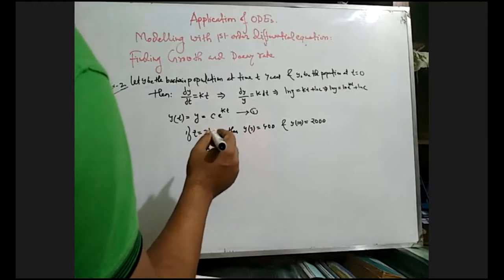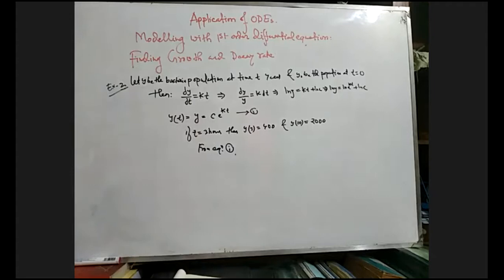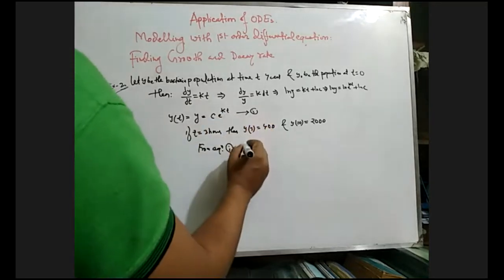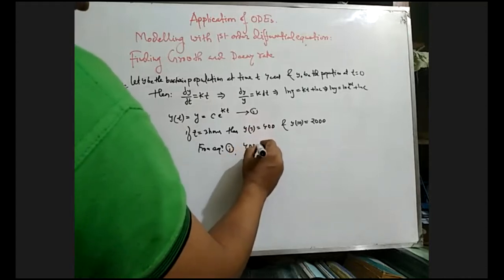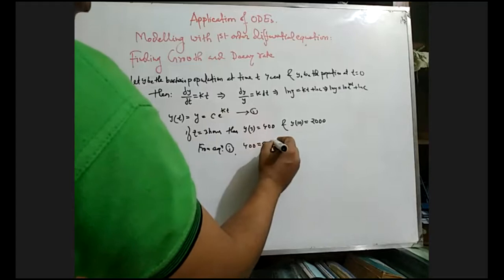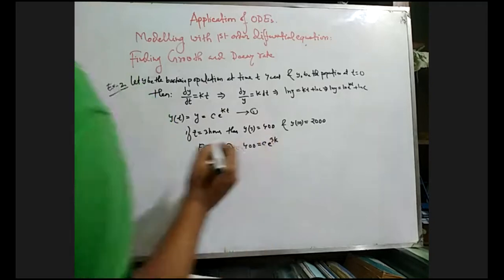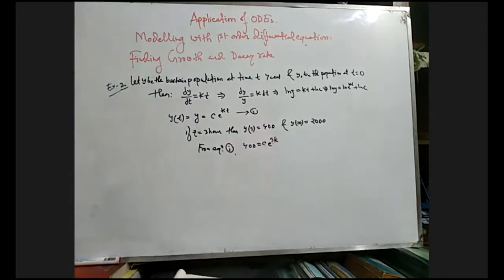So from these two, we can write 400 equals c into e to the power 3k, where t equals 3 hours.